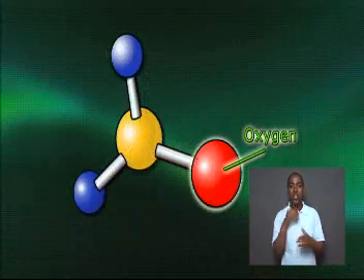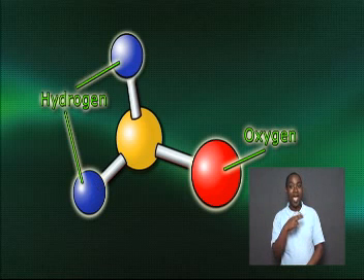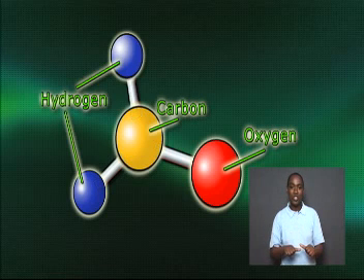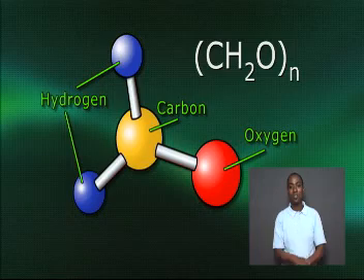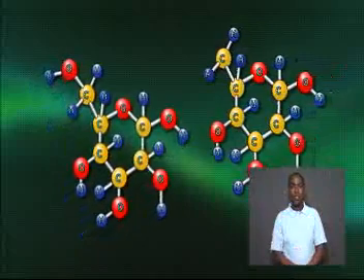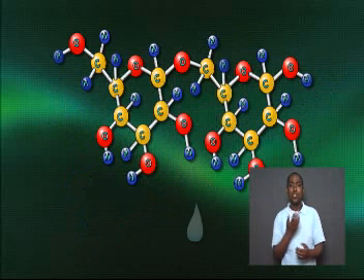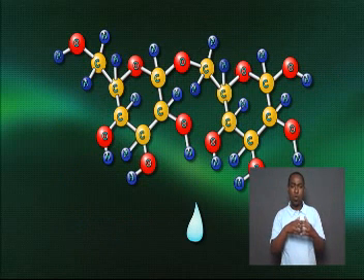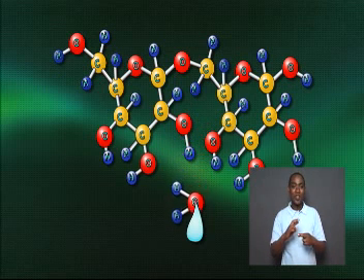Basically, in simple sugars, there is one oxygen atom and two hydrogen atoms for every carbon atom present in the molecule. The formula looks like this. Double sugars are made when two simple sugars join together by a condensation reaction. A condensation reaction removes a molecule of water.